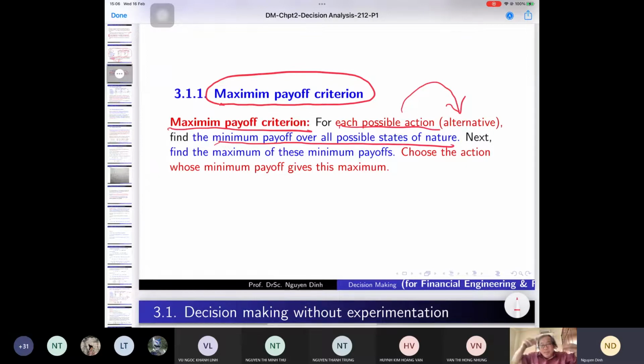For company A, over all possible states, bull or bear, you find the minimum payoff.